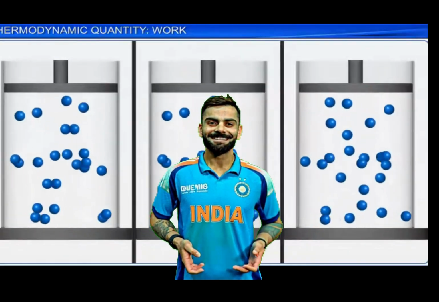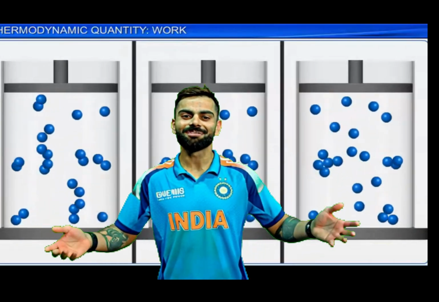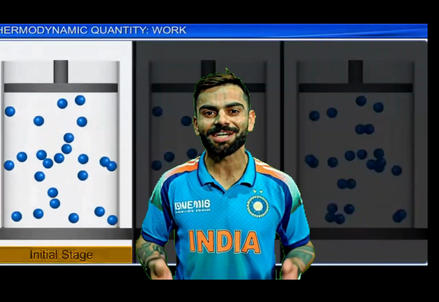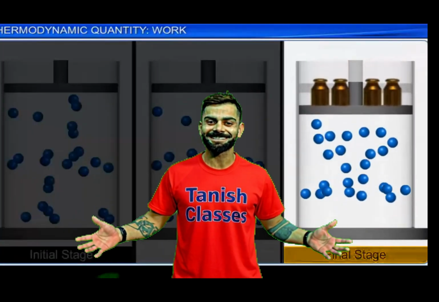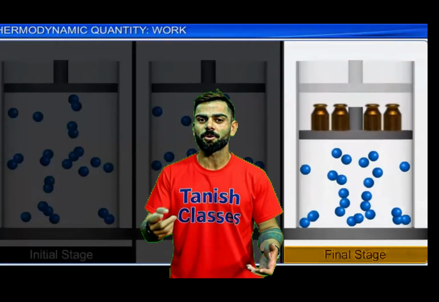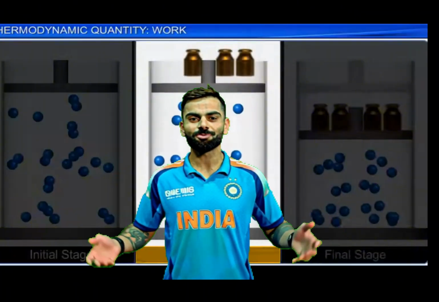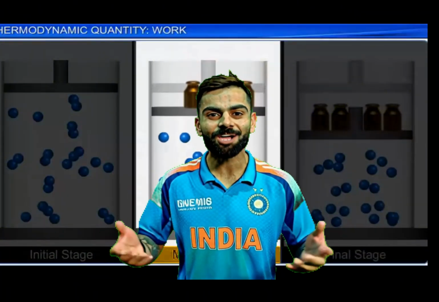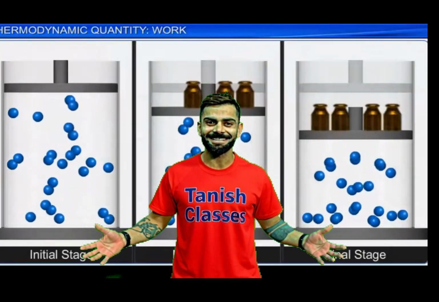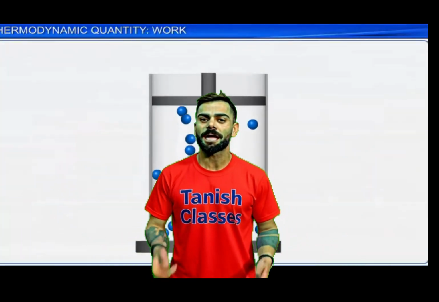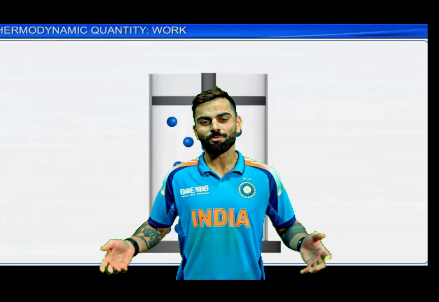In a reversible process, the system is in equilibrium in the initial, final, and all intermediate stages. To understand this, let's assume that there is a cylinder with a frictionless piston.